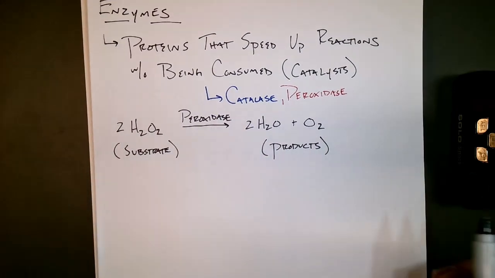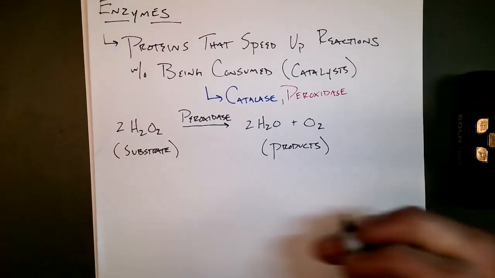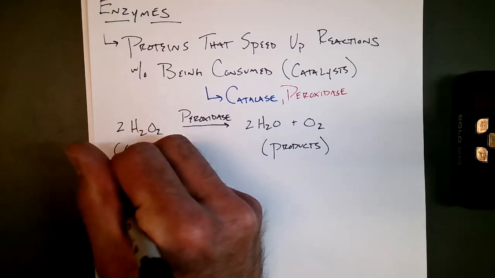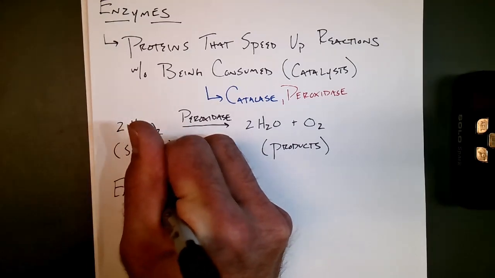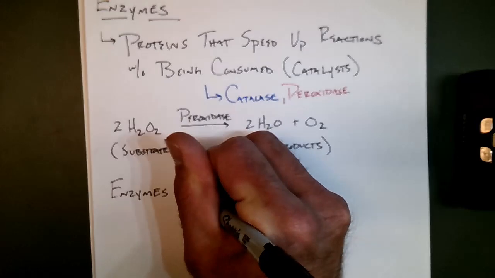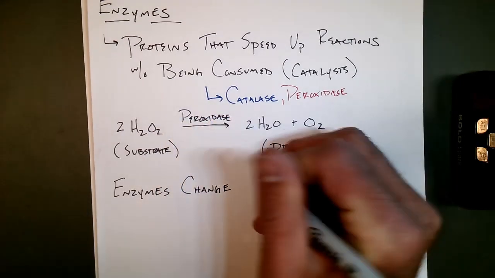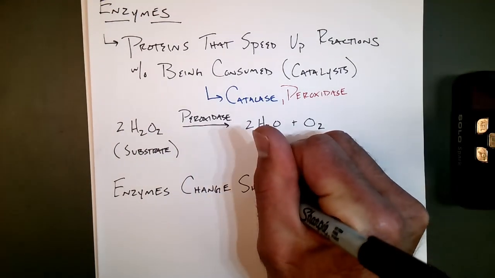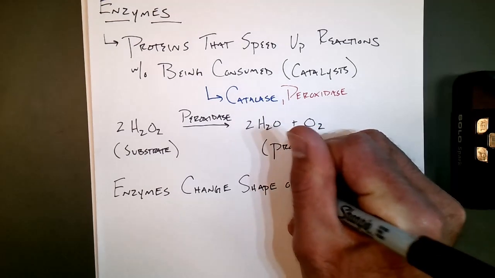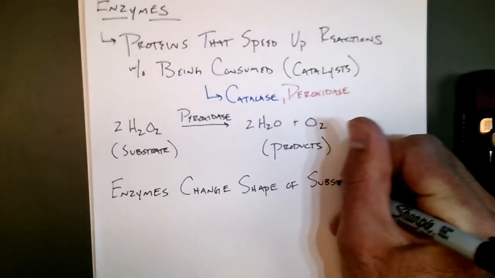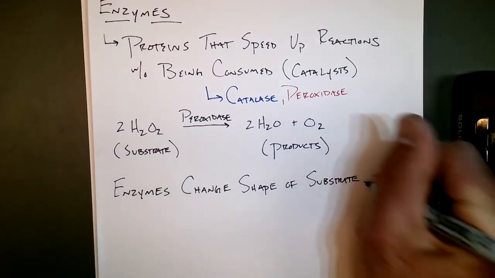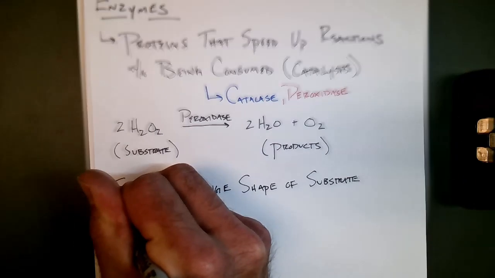These enzymes are very, very specific. So they are shape specific. So we'll say that enzymes change the shape of the substrate. This is how they function, into an unstable one.